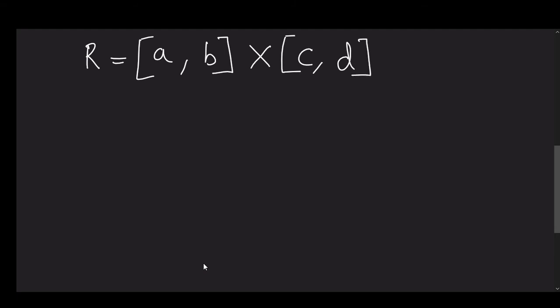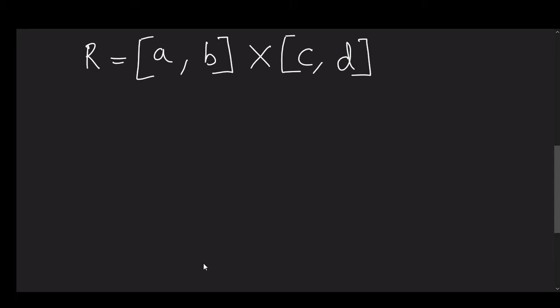Where this closed interval gives you one side. Say here A, this is B, and CD is say this side. So when you take the Cartesian product of this set, you will get a collection of all points that are there in the rectangle.